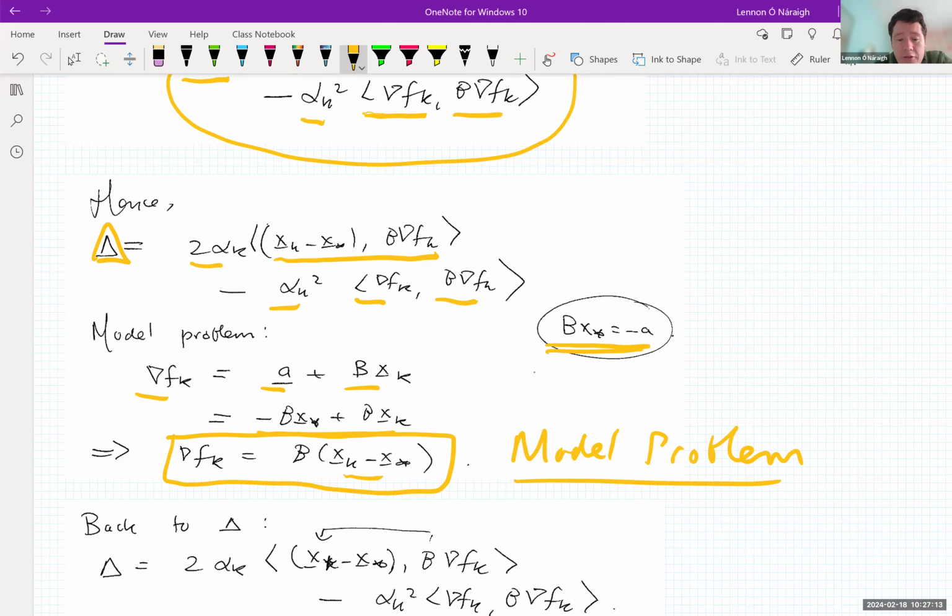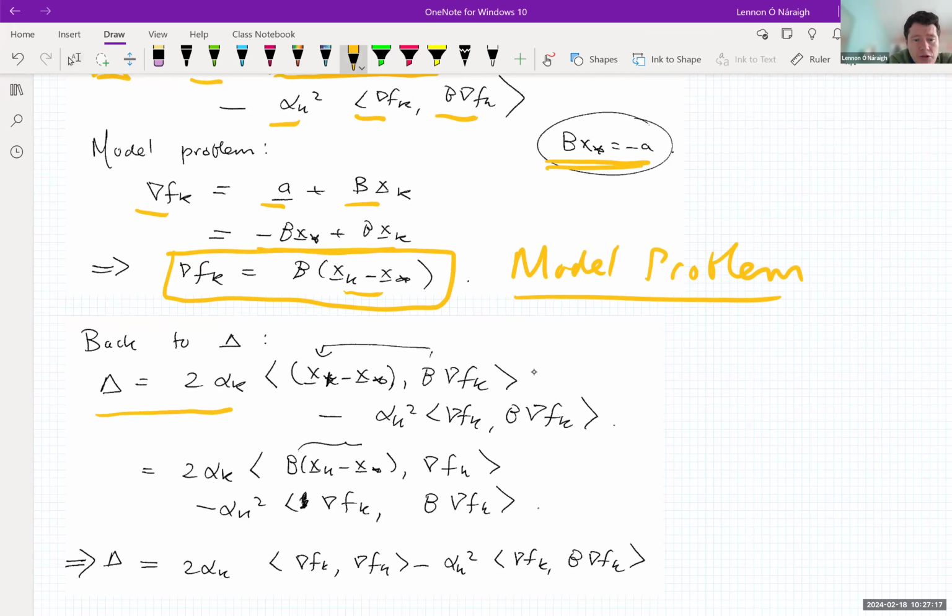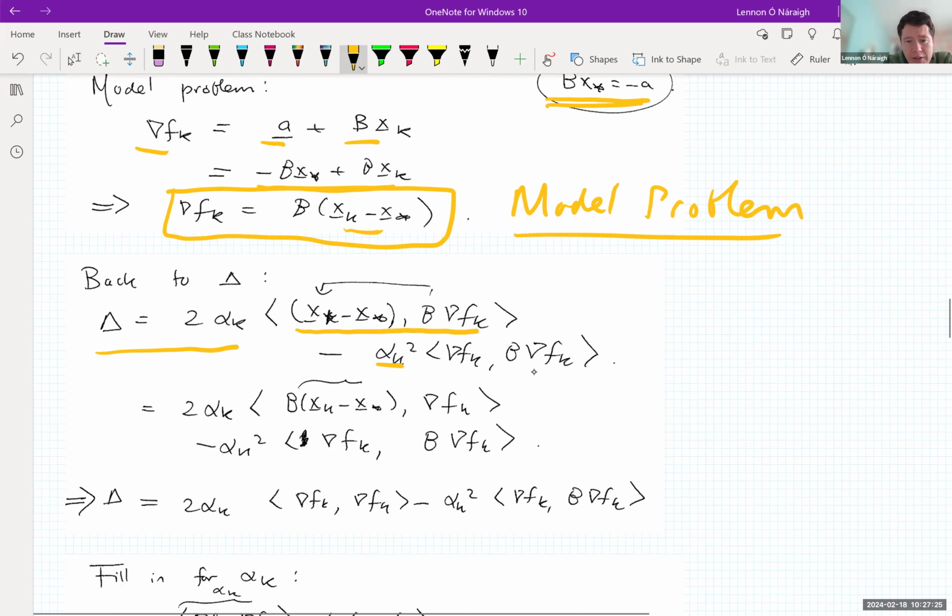Okay, and I sub this back into delta. So delta is 2 alpha_k times the scalar product of x_k - x* with B grad f minus alpha_k squared grad f scalar product with B grad f. And I again use that trick we had before that B is a symmetric matrix, so it can act on the left.